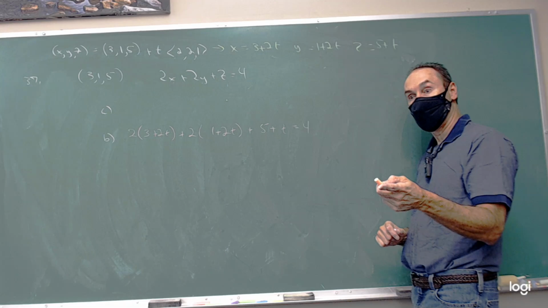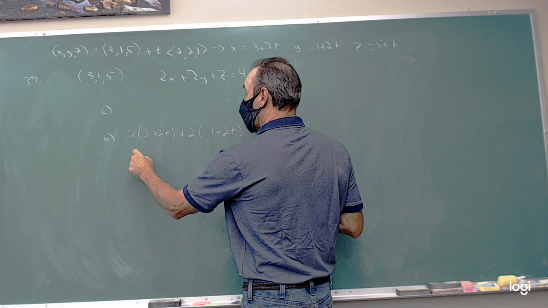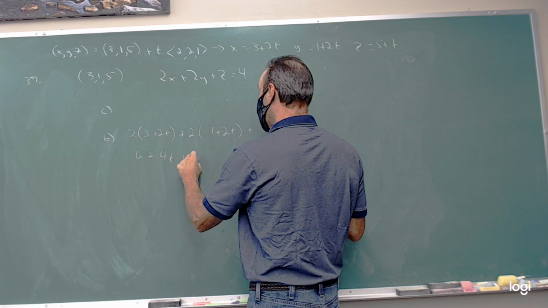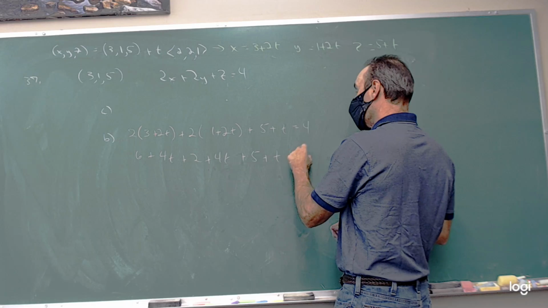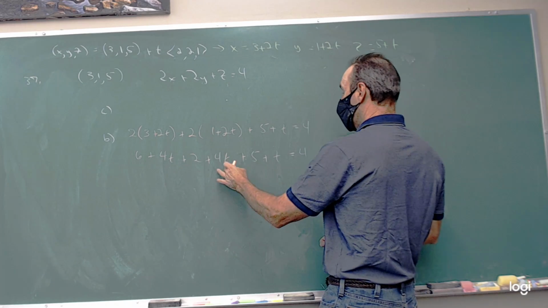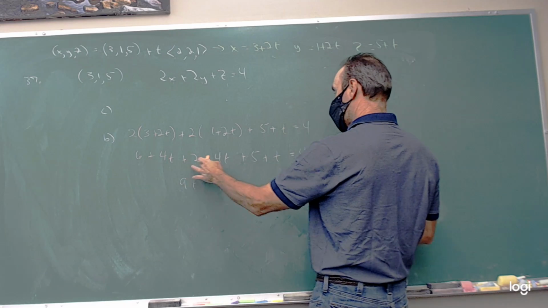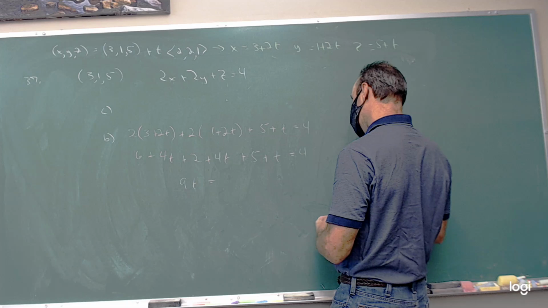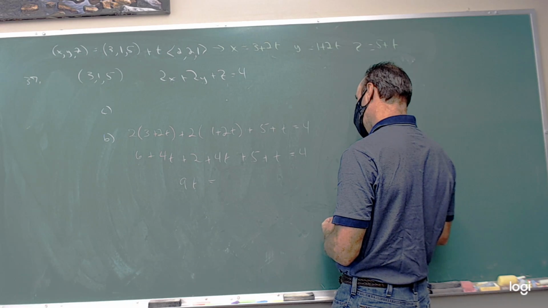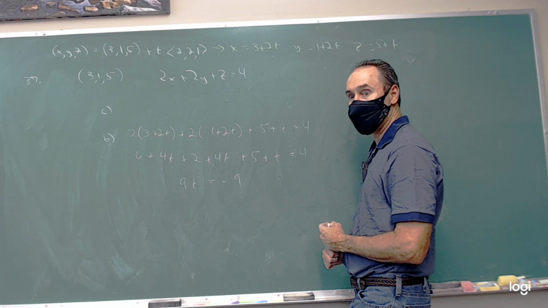So distributing, 6 plus 4t plus 2 plus 4t plus 5 plus t equals 4. 4t, 4t, and t is 9t. 6, 8, 13. Subtract it to the other side, and oh, we must be on the right track. Works out that nice.